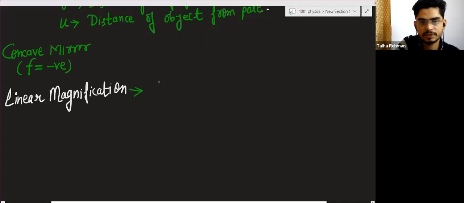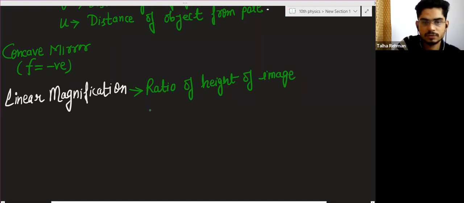Linear magnification is the ratio of the height of the image to the height of the object.